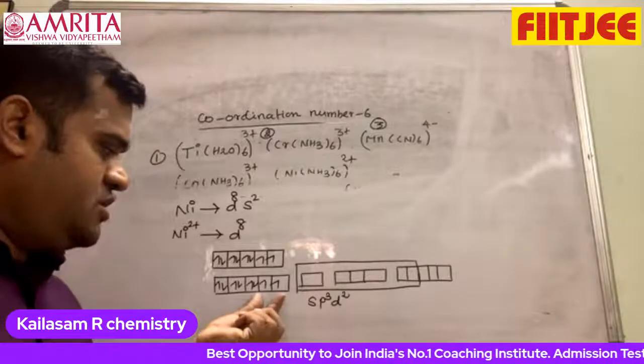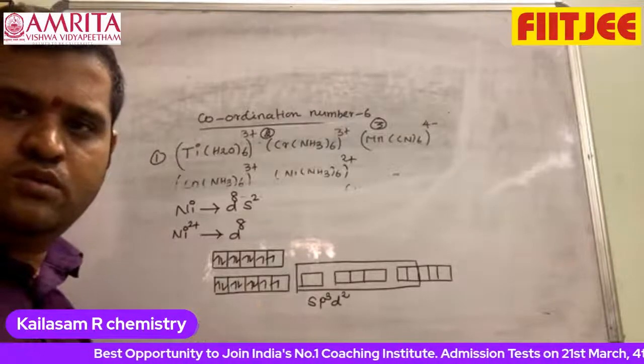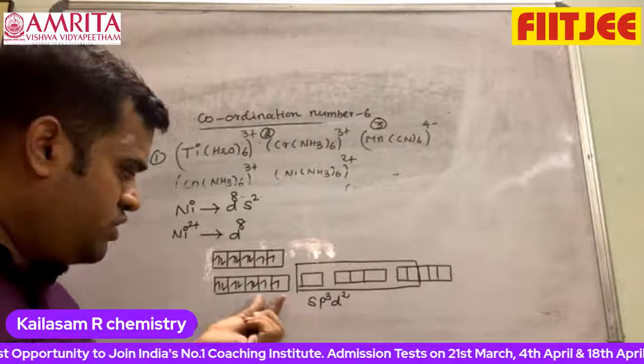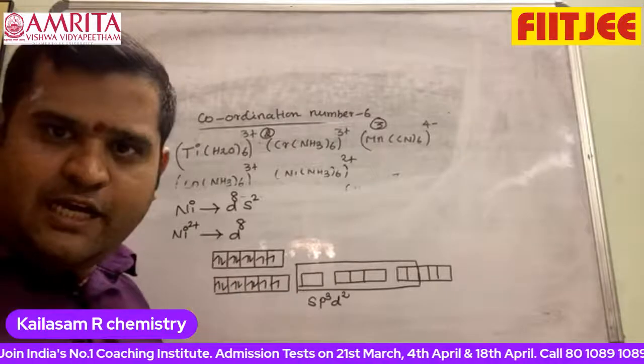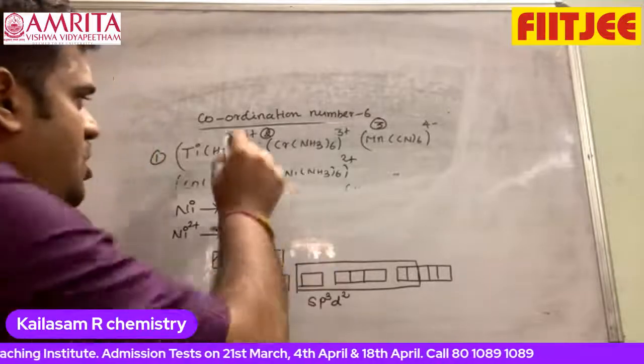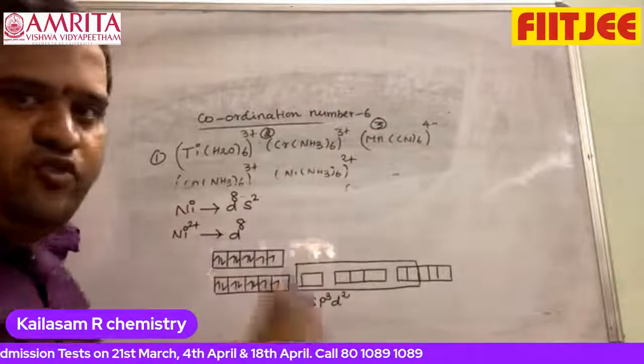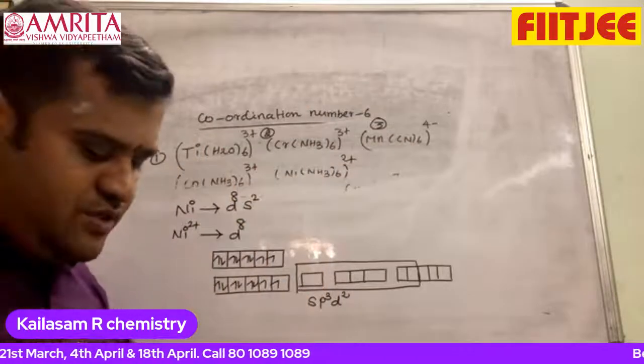Now how many unpaired electrons are there? 2. It's all 2 unpaired electrons, and this is 2 unpaired electrons. Obviously it's a paramagnetic complex. So this is about the idea.